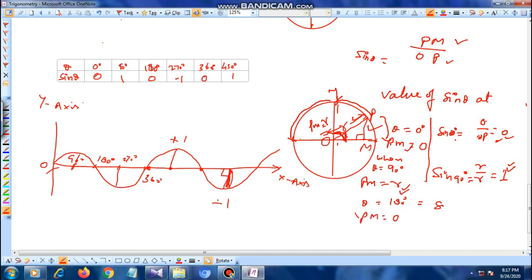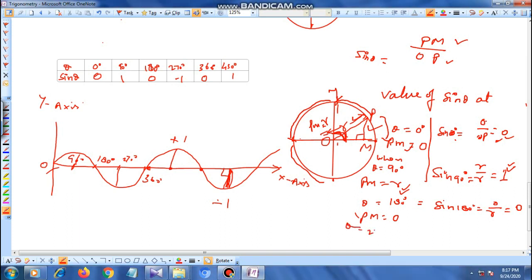So sin 180 degree equals 0 upon R. So sin 180 equals 0. And when P moves towards the y-axis and reaches the y-axis, then theta will become 270.